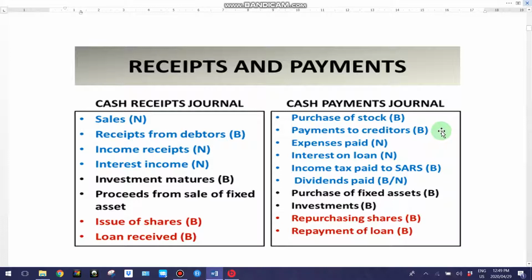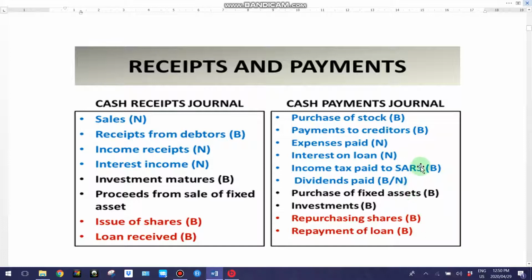So essentially the CRJ would tell us about the money that came into the business, the inflow of cash, and it would give us quite a detailed list of the different sources of cash coming into the business. The CPJ will tell us how we spend that money.